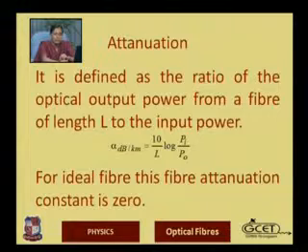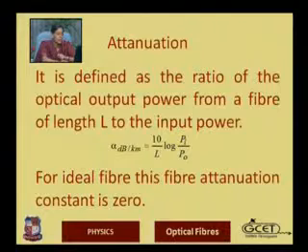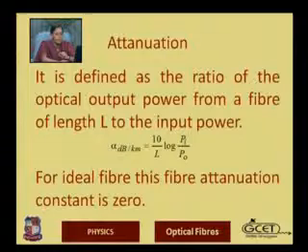Attenuation is defined as the ratio of the optical output power from a fiber of length L to the input power. Say alpha is the attenuation constant, and the unit is decibel per kilometer. So for a fiber of unit length, one can find the power attenuation constant in terms of decibel.